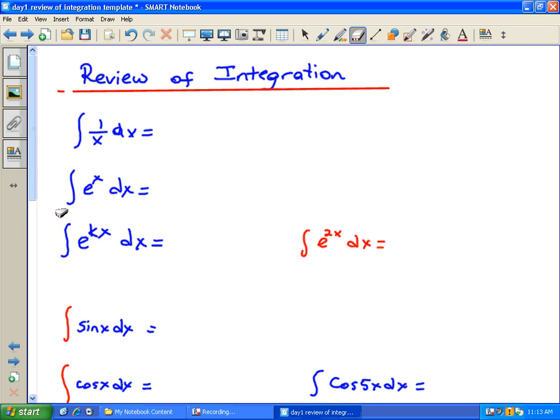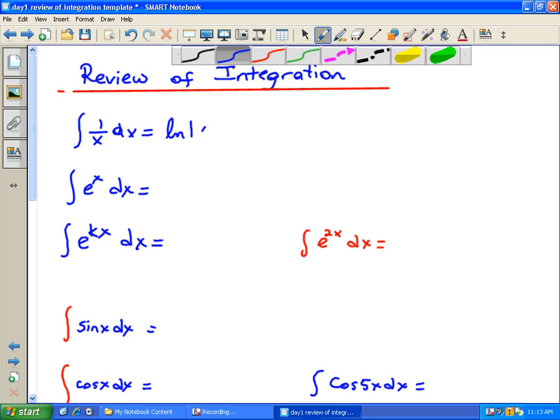So let's begin with the integral of 1 over x. Again, I'm hoping everybody remembers these, but it'll be a quick refresher. This one we learned in Calc 1 was ln of the absolute value of x plus c. The integral of e to the x. This was the easiest function to differentiate and to integrate, right? Because both the derivative and the integral of e to the x was itself.